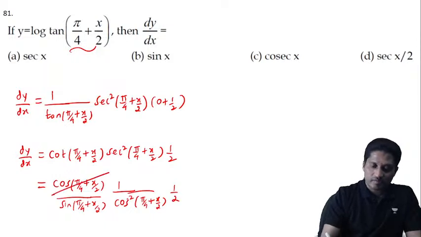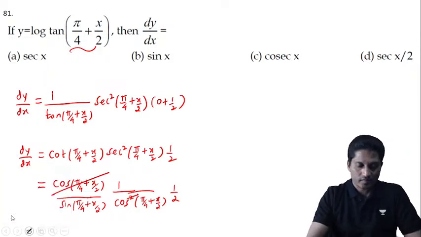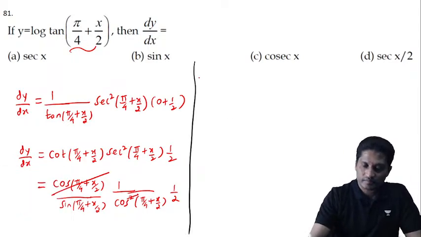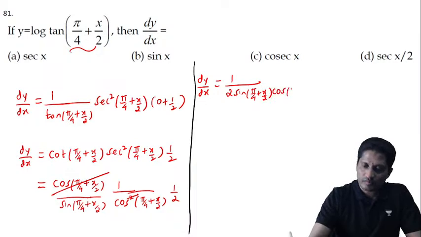This cos will cancel with the square. Now dy by dx is equal to 1 divided by 2 times the sine of pi by 4 plus x by 2 and cos of pi by 4 plus x by 2.